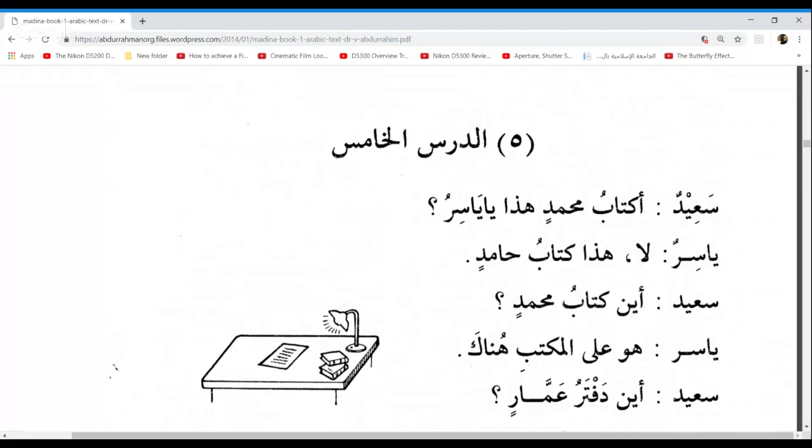And then we've got Ya Siru. Now we said male names until now end with tanween. It should be Ya Sirun. However, we have Ya at the beginning. You can have Ya at the beginning of any name. You can say Ya Hamidun, Ya Yusuf, Ya Endrit, Ya Khalid, Ya Ammar. It's basically known as the Ya of calling.